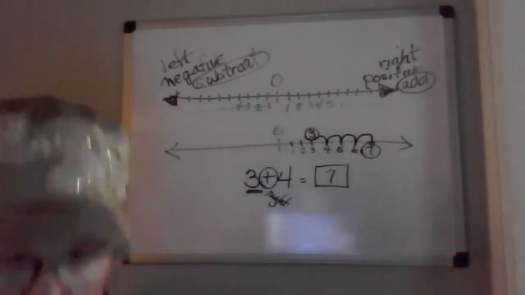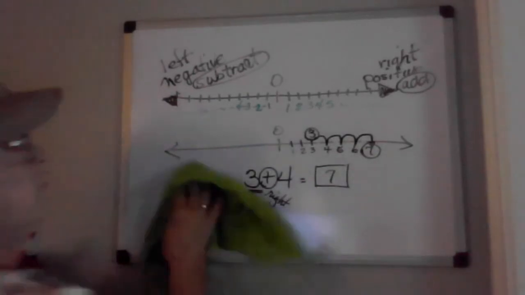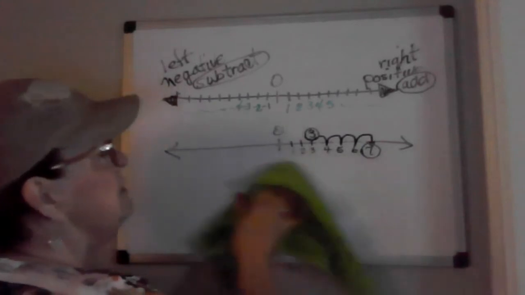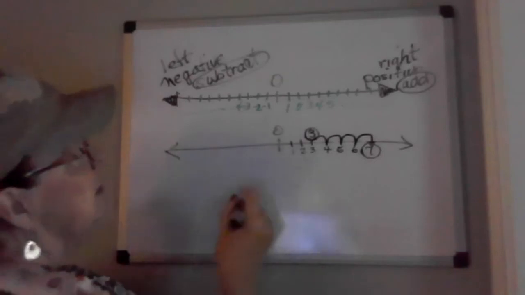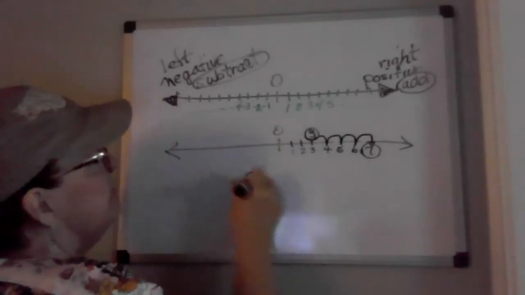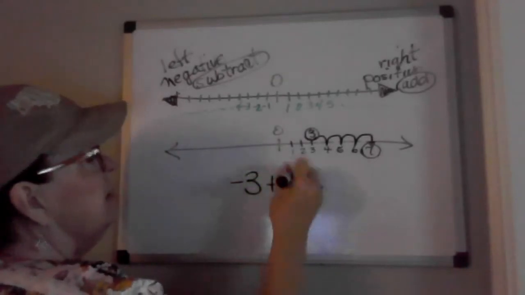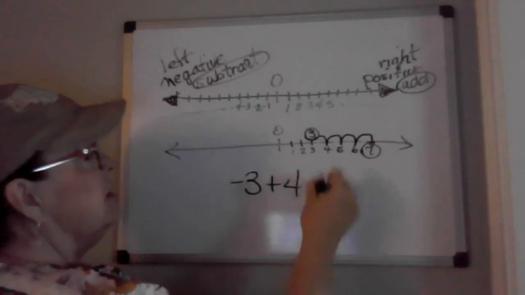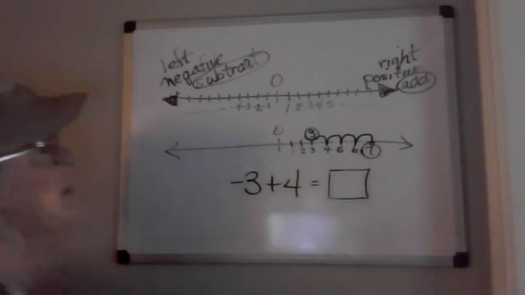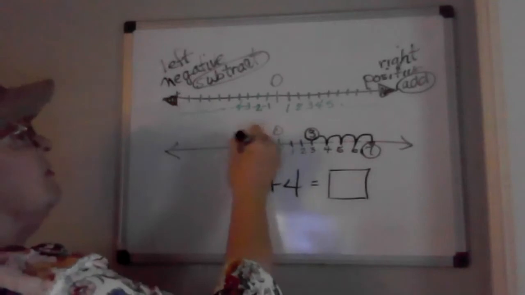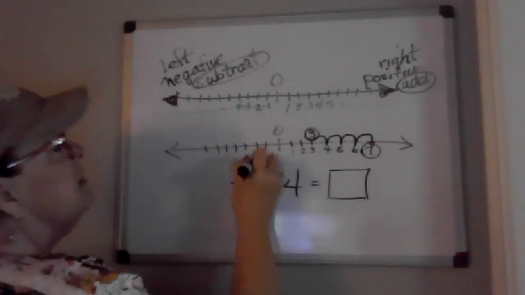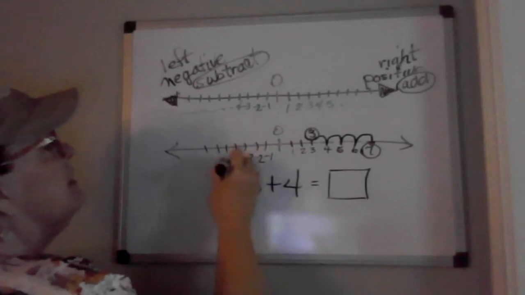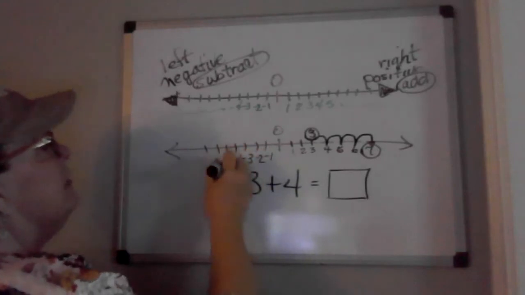So how about if we jump right into some negatives then? Okay, let's say negative 3 plus 4. So now here's negative 1, negative 2, negative 3, negative 4, negative 5.